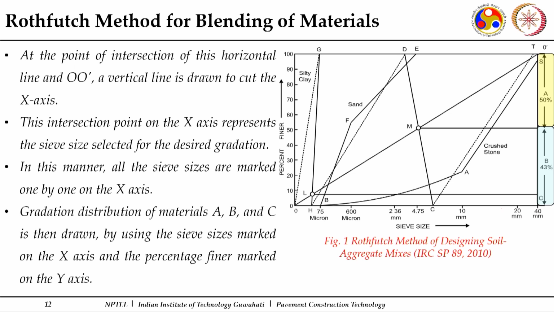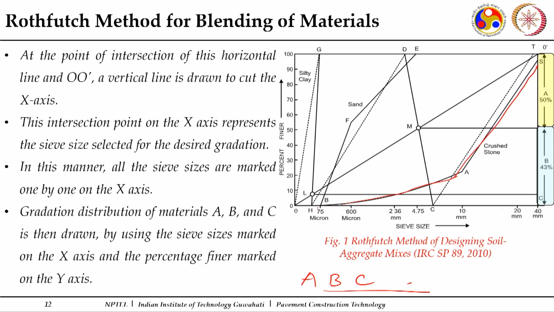Now, whatever blend of aggregates you have to attempt, for this particular case there may be 3 aggregates or there may be 4 aggregates. If 3 aggregates are there, I need to plot the individual gradations. I'll use these sieve sizes given there, and with respect to the sieve sizes, I'll plot the gradation. So, the gradation for A is plotted here this way.